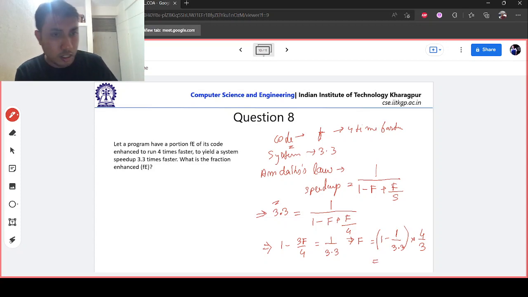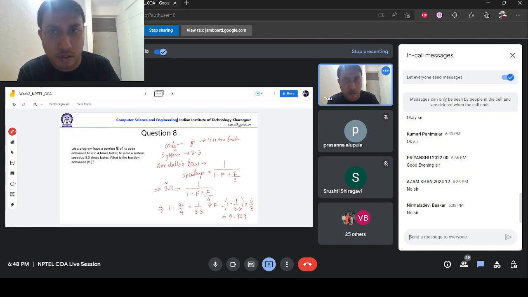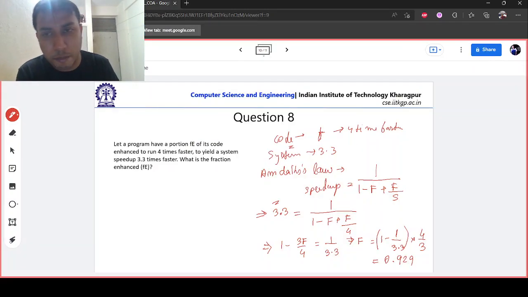If we solve this, it will come out to be 0.929. So this is another application of Amdahl's law, where we are finding the fraction that has to be enhanced.